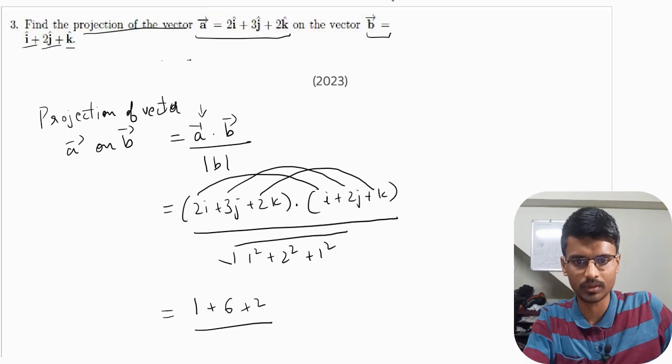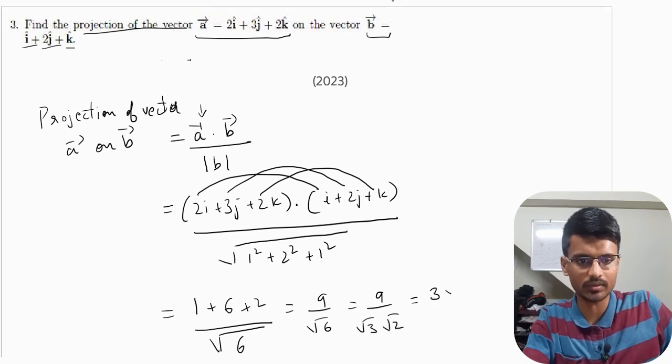The square part gives 1 plus 4 plus 1 is 6. So the numerator is 2 plus 6 plus 2, which is 9, over root 6. Root 6 can be written as root 3 root 2, and 9 as 3 into 3, so the answer is 3 root 3 by 2. This is what you get.